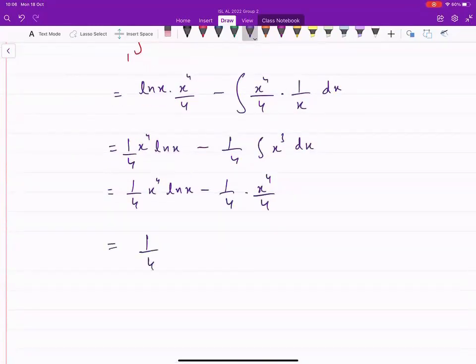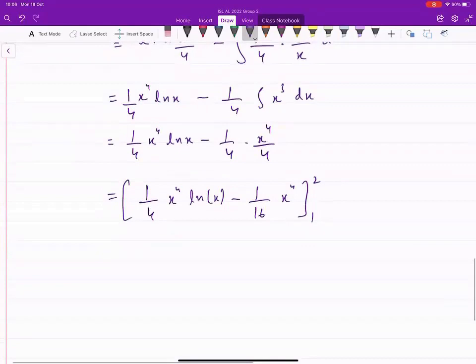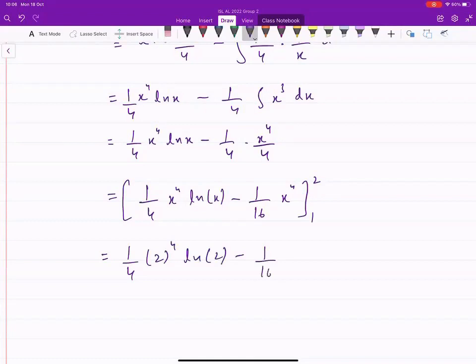इस पे आप लिमिट्स इनपुट कर दें. Input the limits from 1 to 2 and you'll get your result from that. Okay, so what do we get? We get 1 over 4 into 2 raised to power 4 into ln of 2 minus 1 over 16 into 2 raised to power 4.